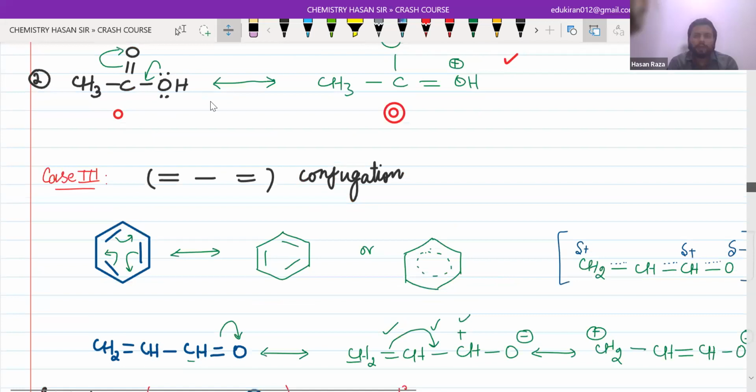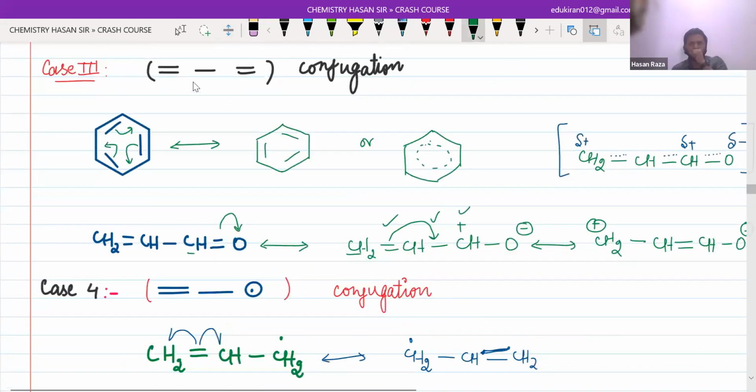Now moving to the next, that is sigma. Oh, wait a minute. Will you be able to do the resonating structure on your own, yes or no?